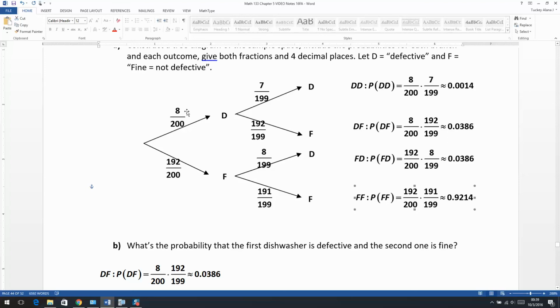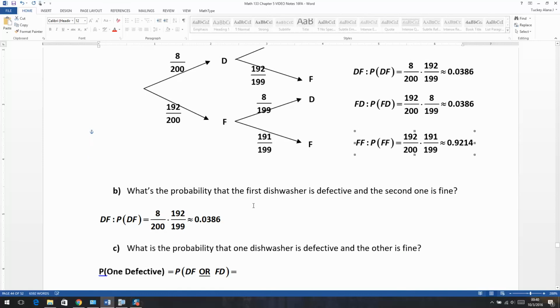So the first draw we pull, it's out of 200. The next draw, it's going to be out of 199. It's a question of what you drew in the first bit, whether it was defective or fine, affecting what's left. And then you just multiply across, right? 8 times 7, and then 200 times 199. Or 192 times 191, and then 200 times 199, and so on.